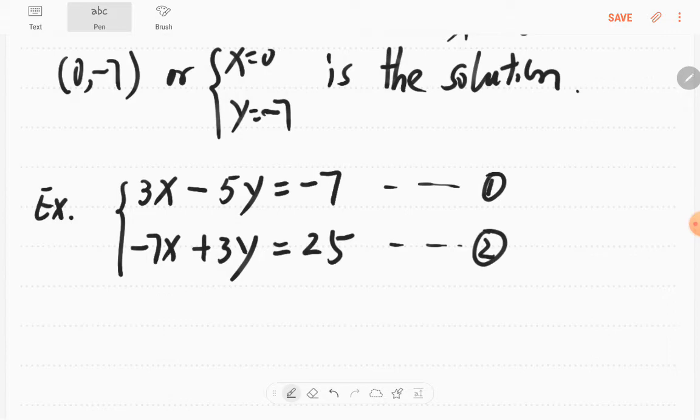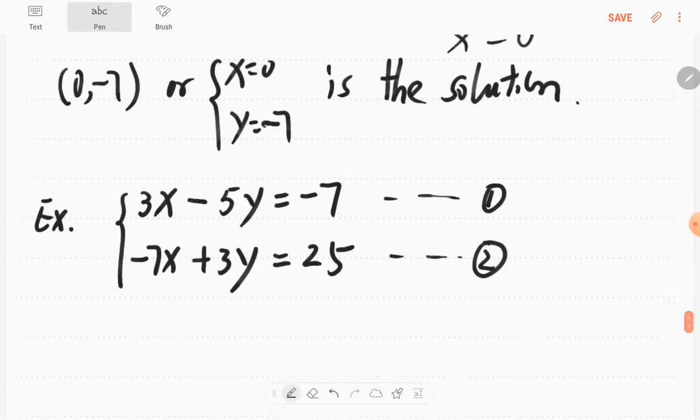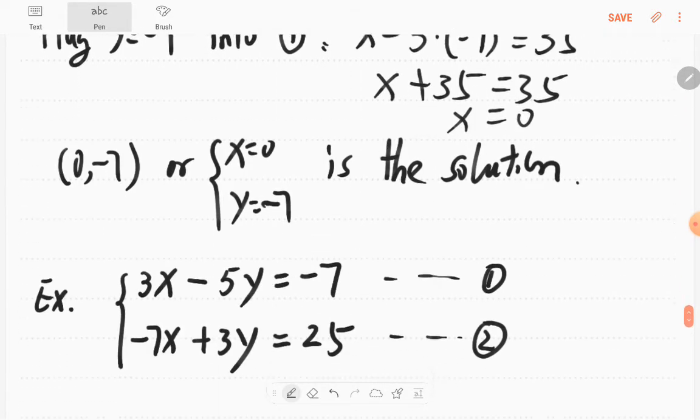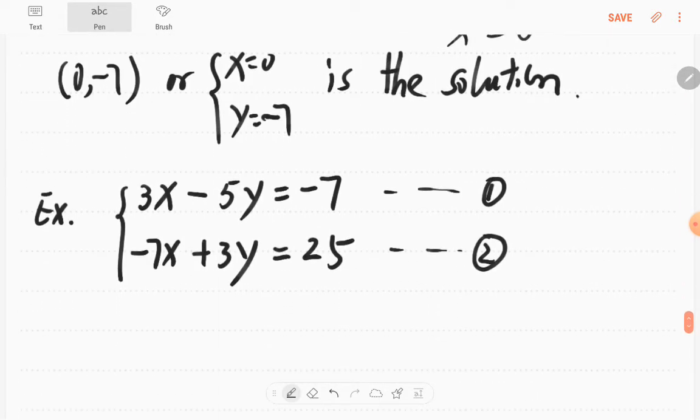The reason is that there you had coefficients 1 and 5, so you just needed to multiply by negative 5 to see the elimination. But here you have 3 and negative 7, or negative 5 and 3, right?